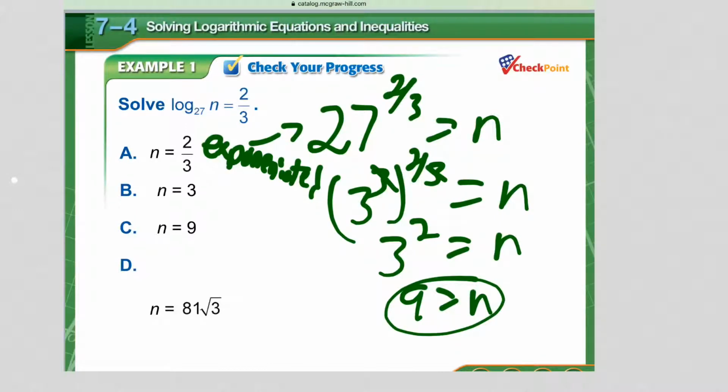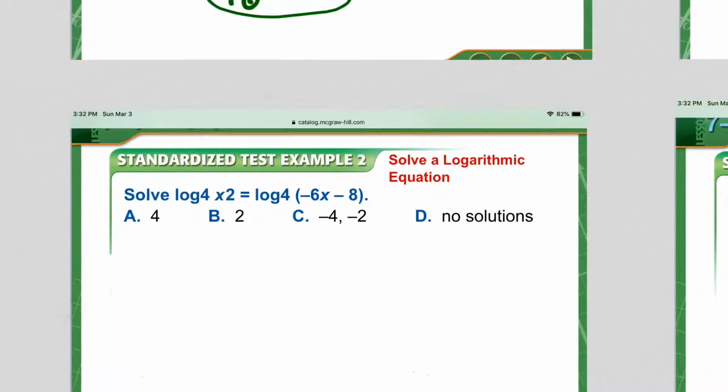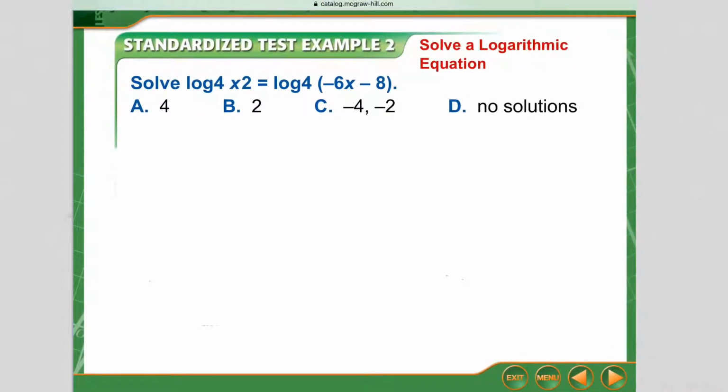So let's go on to the one other type of problem that you'll have in today's assignment. The difference between this and the last one is there is a log on both sides. This is supposed to be log base 4 of x squared equals log base 4 of negative 6x minus 8. What you will notice is they both have the same log on both sides.